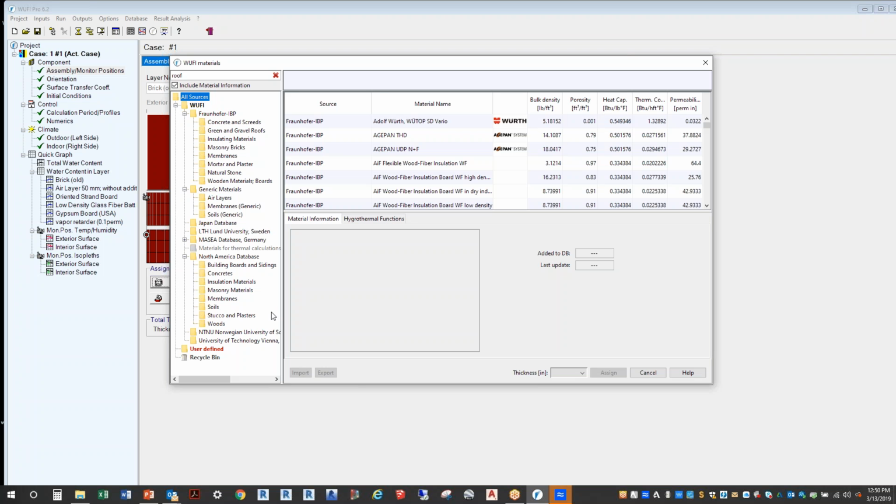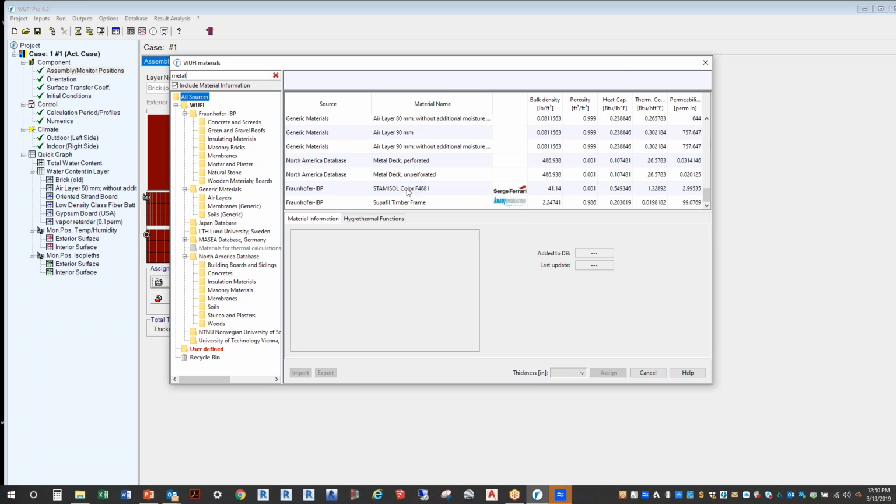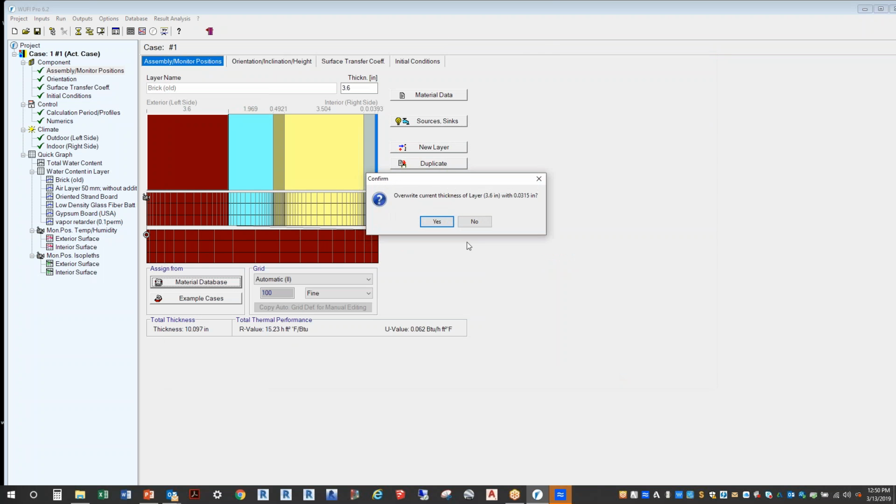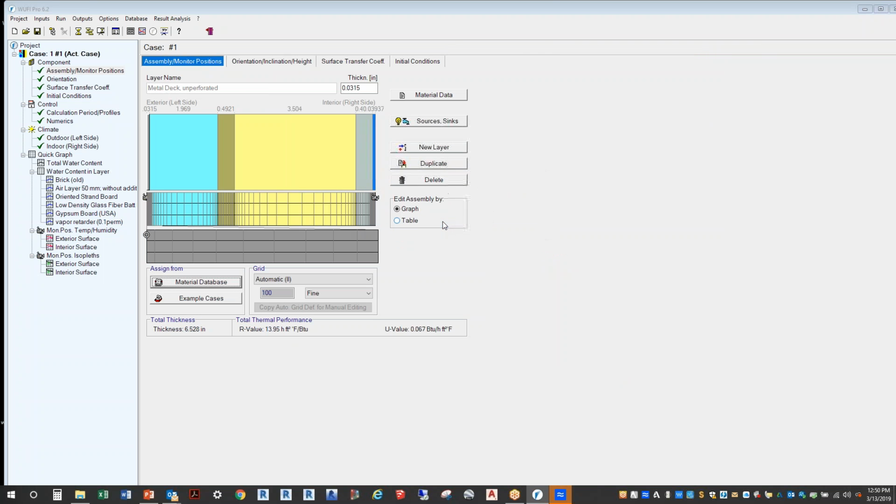So let's do, can you make up materials or import them, if you knew all those properties? Let's use a metal deck. Okay, so metal deck, and then underneath the metal deck, we would have insulation.